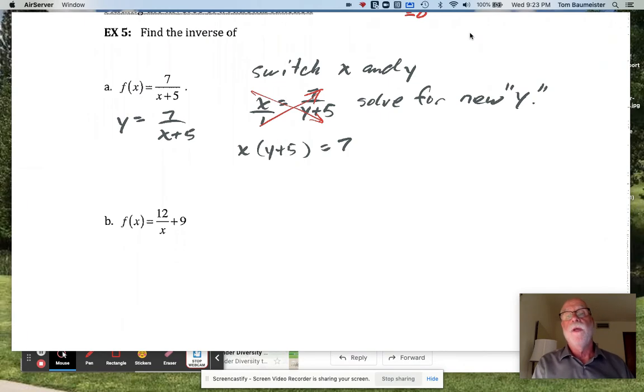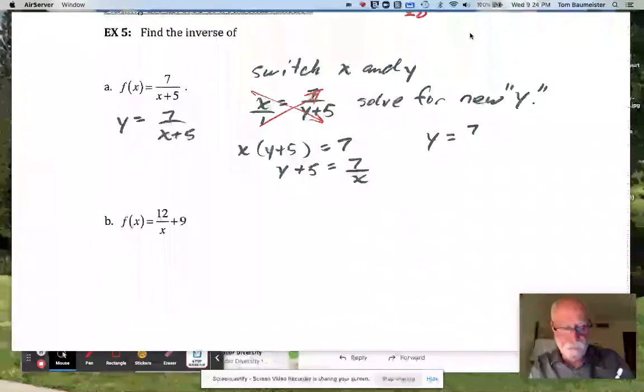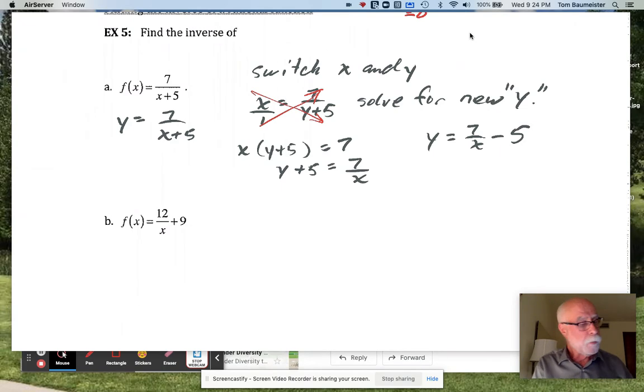Now we're going to solve for that new y. So if I divide both sides by x, I'll get y plus 5 is equal to 7 divided by x. And then to get y by itself, I'll have y is equal to 7 divided by x minus 5. And remember, your textbook likes to call it g of x.